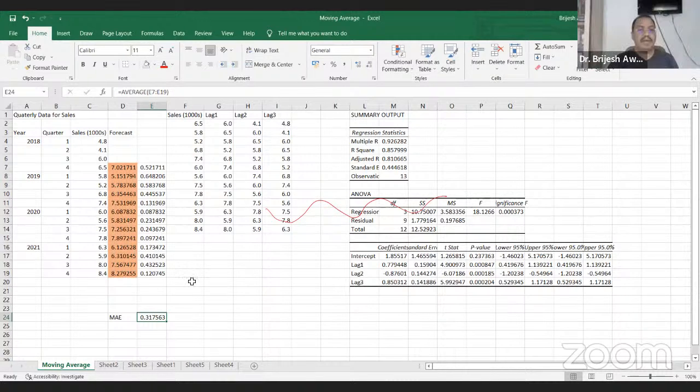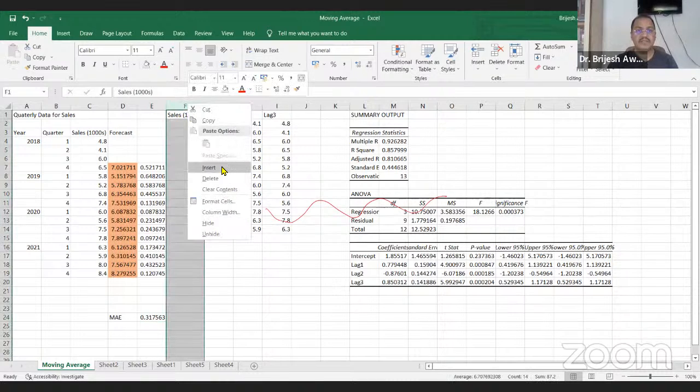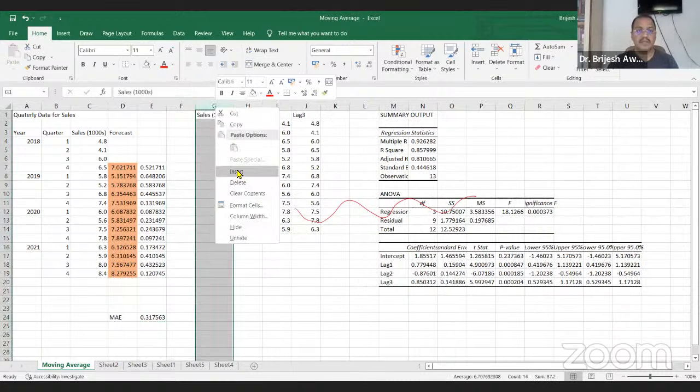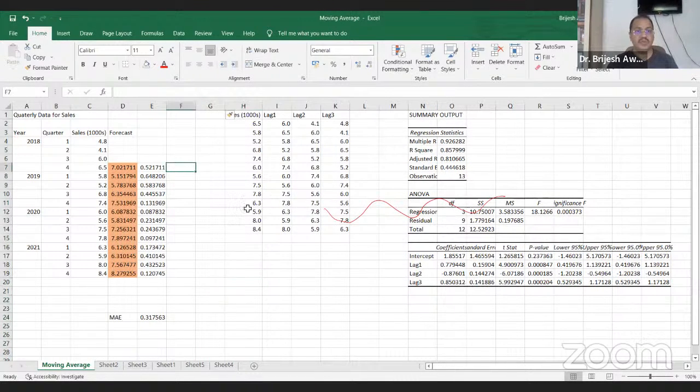There's one method which you can apply: you can take the square of the error. Yes or no? Yes, sir.